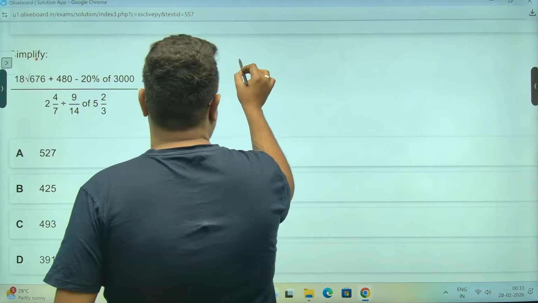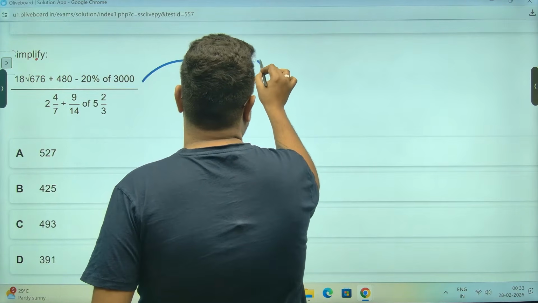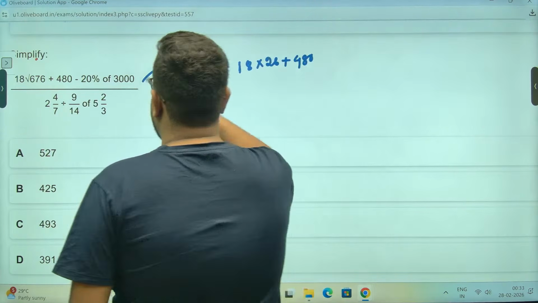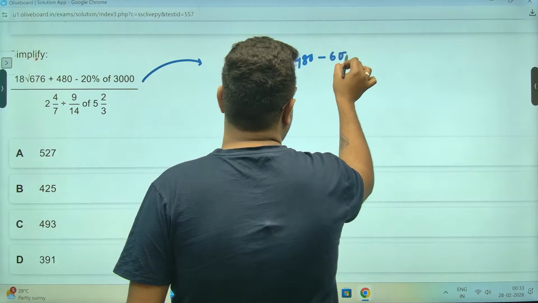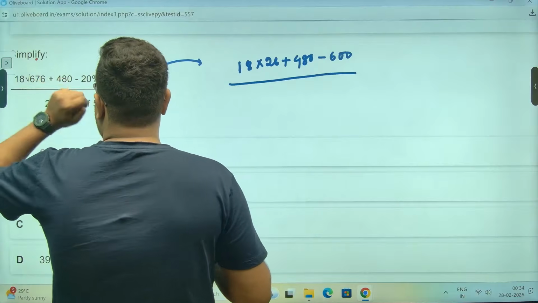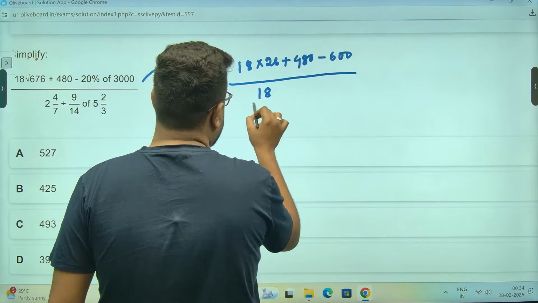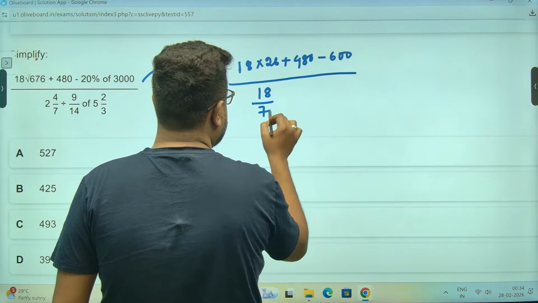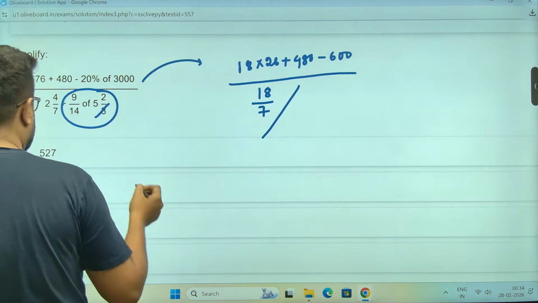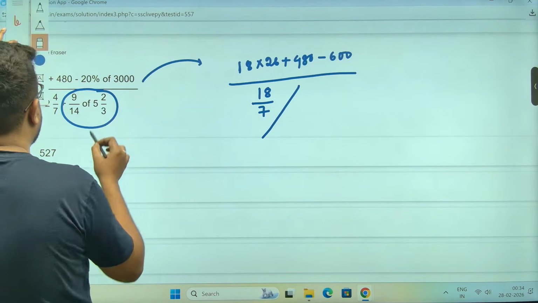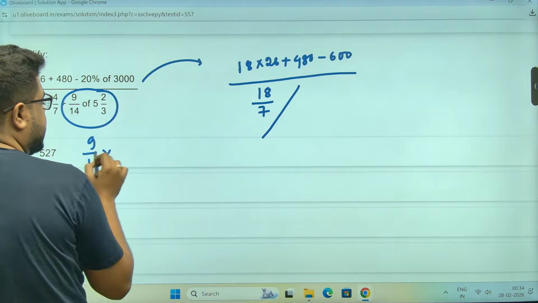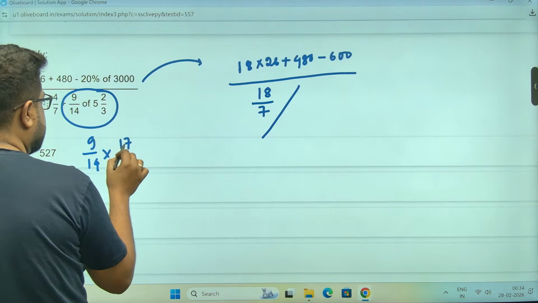Sir, 18. Root 676 is 26, plus 480. 20% of 3000, meaning 600, divided by 7 2s are 14, 18 by 7. Division, this will work first. Sorry, extremely sorry, sir, I had not seen this 5. 9 by 14 into, this is 15 and 2, 17, by 3.